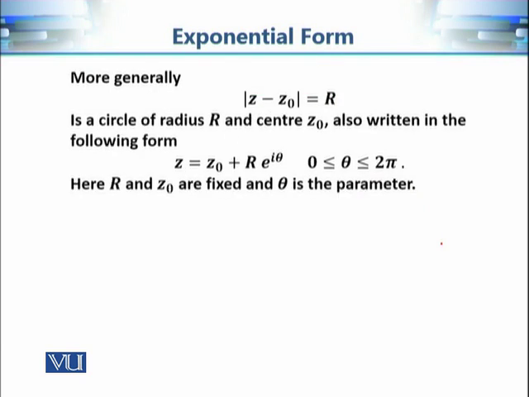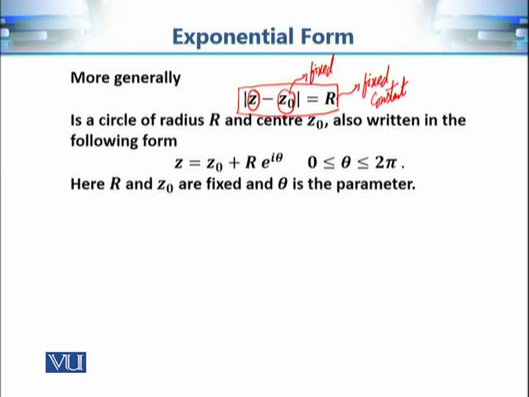So more generally, consider this equation. This equation says that we are considering all those complex numbers z whose distance from this fixed complex number z0 is constant. So this r is also a fixed constant.